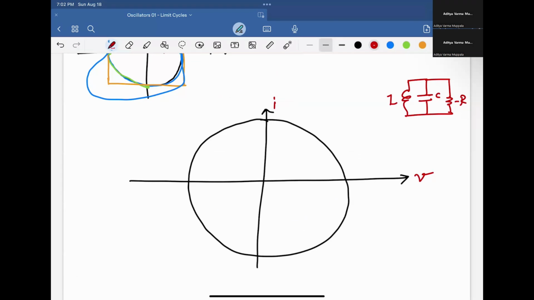If you model the noise as some kind of current source, you can model this as introducing some charge into the system. You can intuitively see that if the charge is injected at this region, then the voltage jump happens when you're here. As this is going around, let's say it's coming back like this, and at this point it jumps, and then it settles back into the limit cycle. So here you introduced a huge amount of amplitude shift.